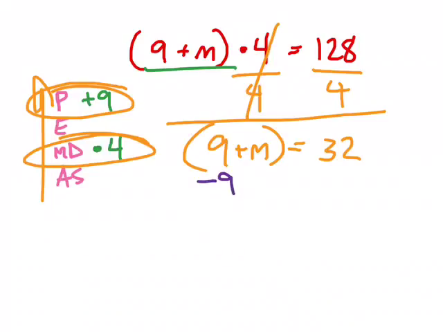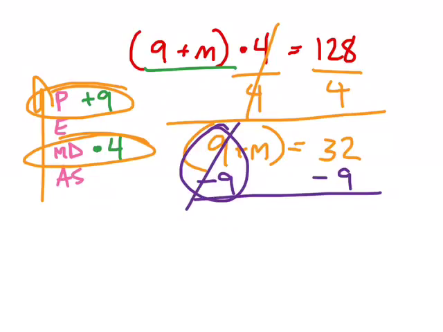So I've got to do that. Minus 9, both sides of the equation. These cancel. m is now by itself, which is my goal. 32 minus 9 is going to be 23. So m should equal 23.